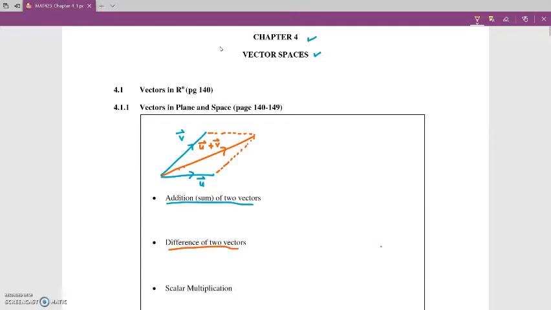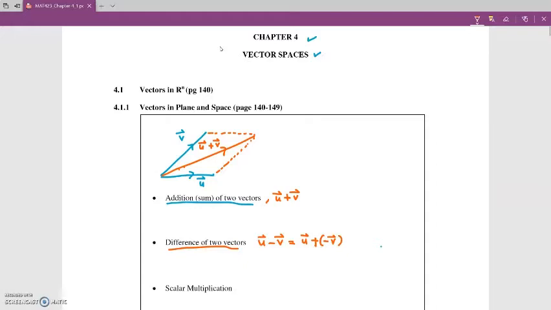If the addition of two vectors is vector u plus vector v, the difference of two vectors is vector u minus vector v. This is also equal to vector u plus vector negative v.